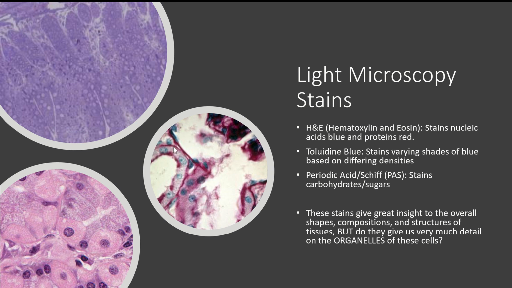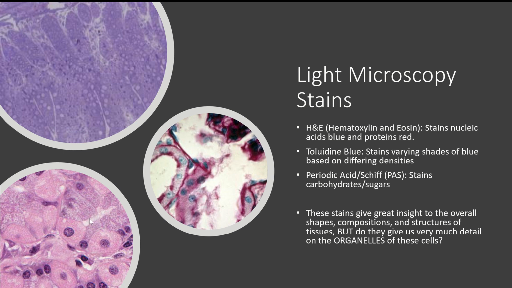The cell membrane of these cells, the brush border of these cells and stuff like that are going to be very carbohydrate rich, and so it does give you a much clearer indication of the cell membrane, the border of these cells, and the distinction between those, whereas in an H&E stain that might not be as obvious, okay?